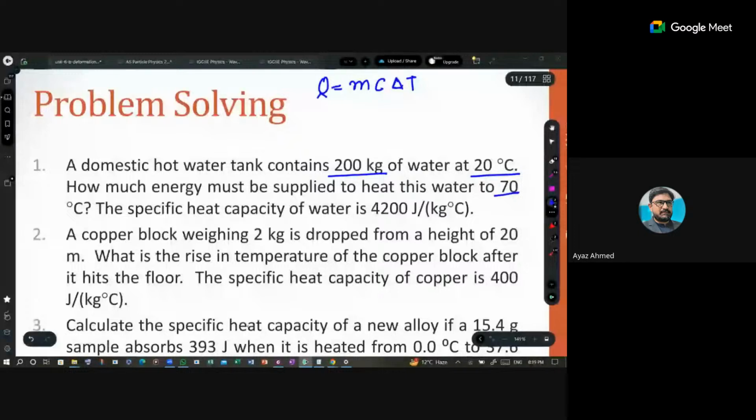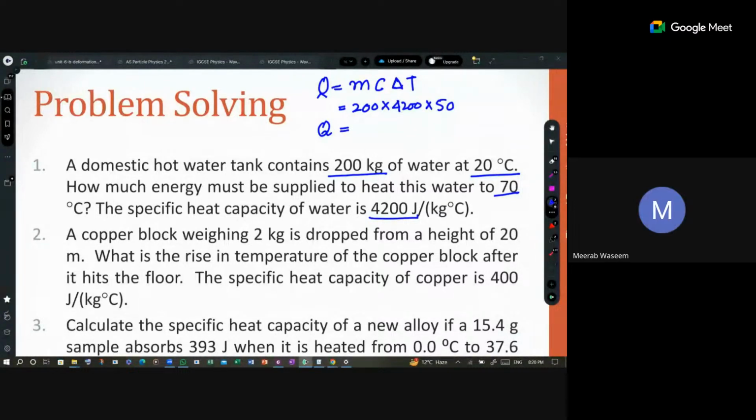So Q is required. What is mass? 200. What is c? 4200. And what is the change in temperature? Temperature changes from 20 to 70, so it is 50. Can you please calculate this for me?